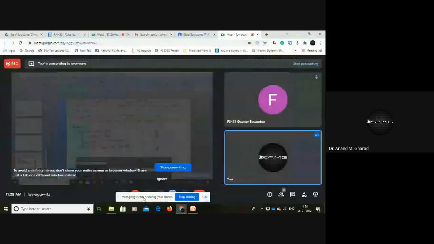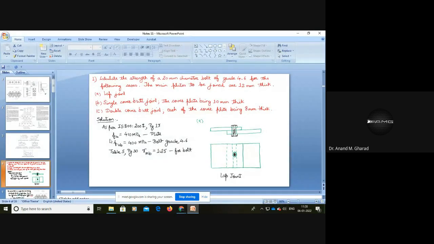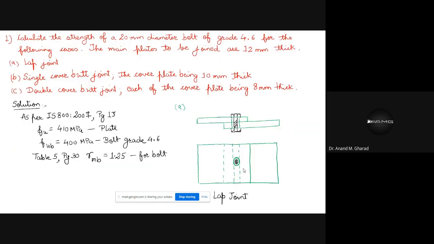Is it visible? Is this visible? Okay. So just let me know what is given on page number 13.